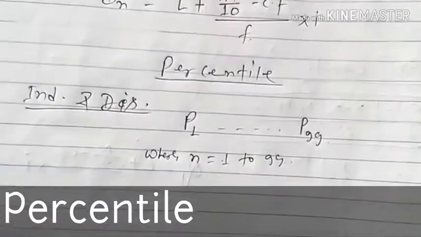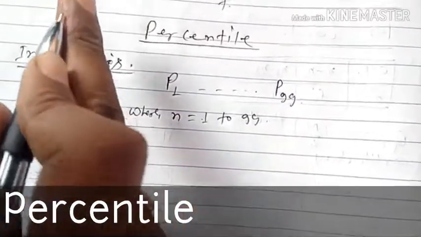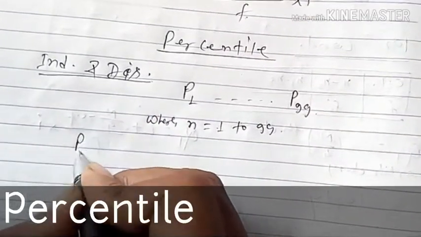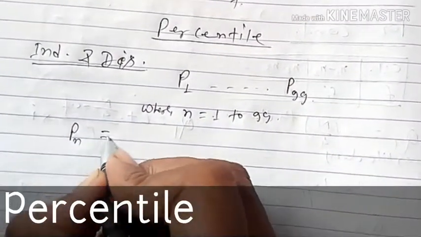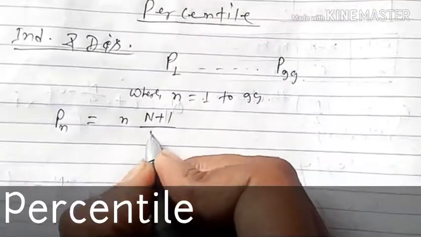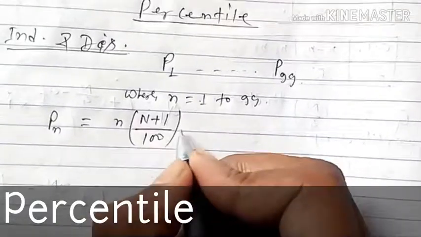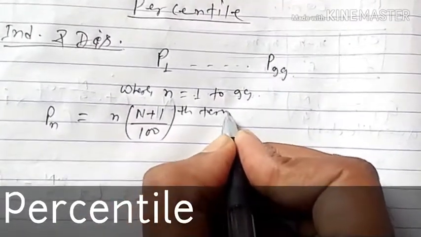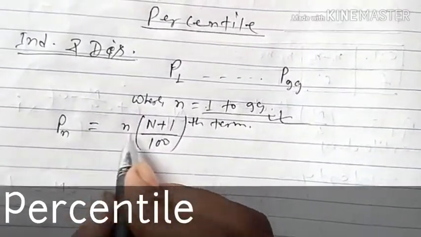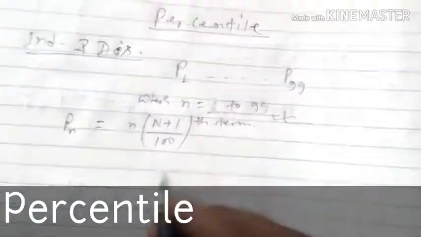For percentiles many questions arise. If it asks for an individual and discrete series, then the rule for finding the percentile is small n into (N plus 1) by 100th term, because the data is divided into 100 parts, where n runs from 1 to 99.